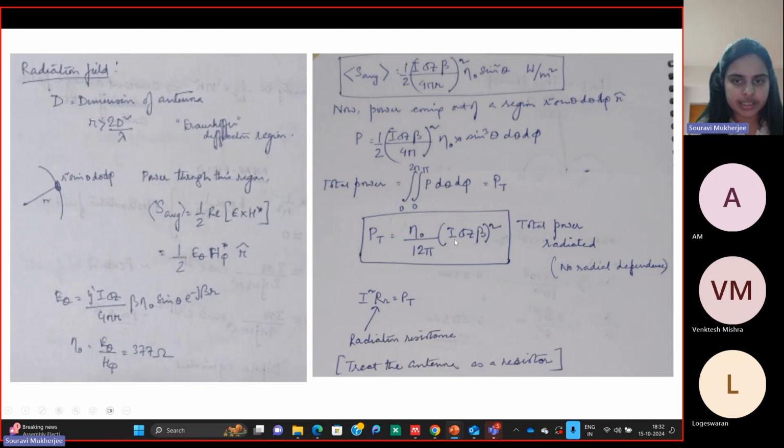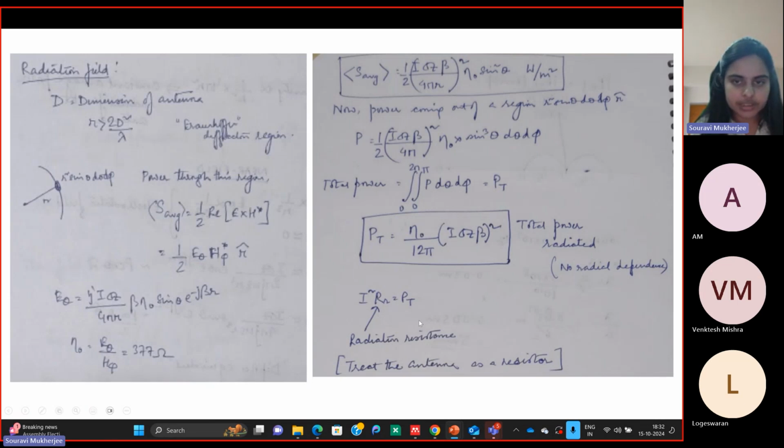Here you can write it in an analogous form as I squared R, which is equal to P_T. Whatever terms are the coefficient of I squared will be analogous to a resistance. That is what we call the radiation resistance.